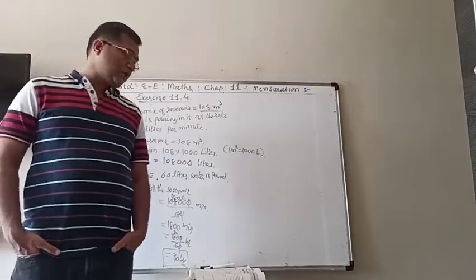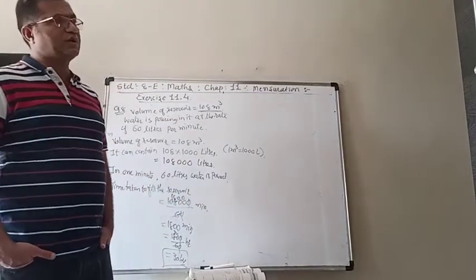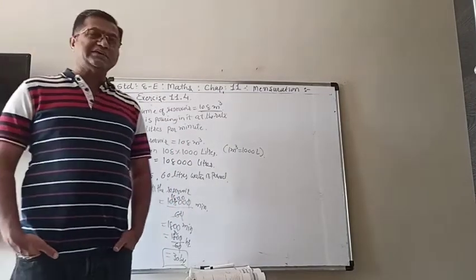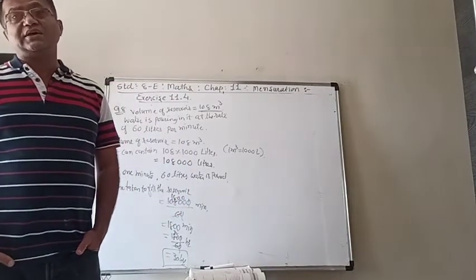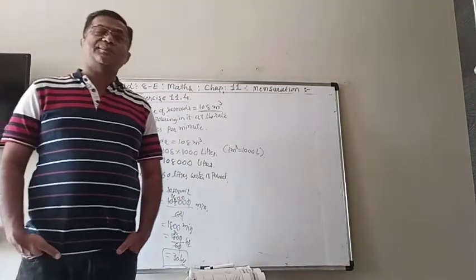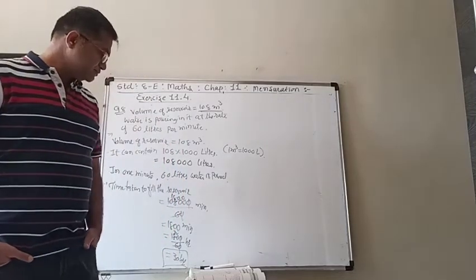So all the formulas of the surface area, like TSA of the cube or cuboid, LSA of cube or cuboid, CSA and TSA of cylinder, that you have to remember.